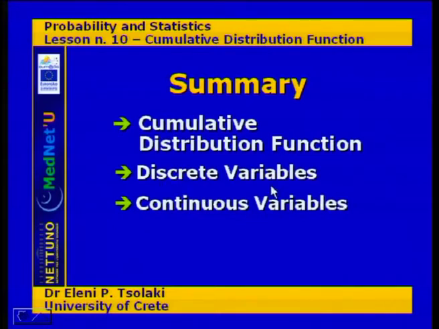One is a step function and one is not. It is a continuous line. We have seen examples and we have seen why the cumulative distribution function is so useful in order to calculate probabilities.